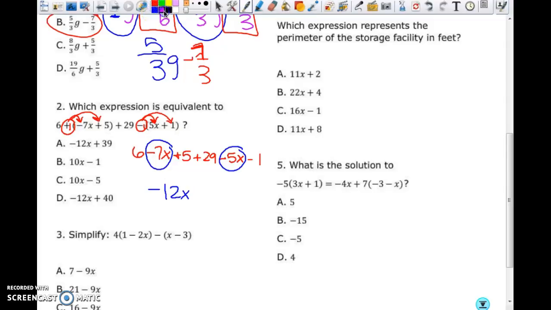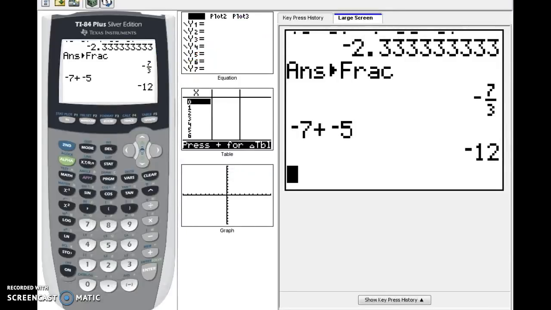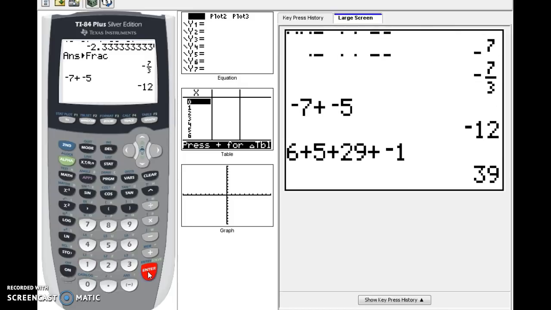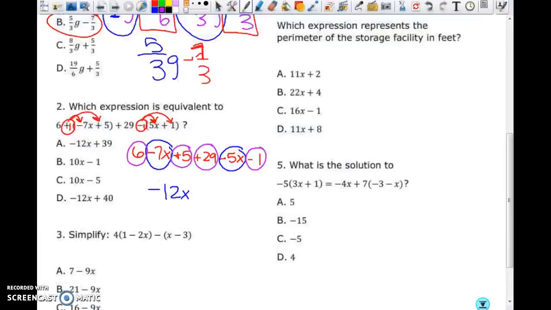And then I have a positive 6, plus 5, plus 29, minus 1. So what is that going to give me? Remember, we're adding all of them up. So 6 plus 5 plus 29 plus a negative 1. That gives me 39. So plus 39. And my answer choice is A.